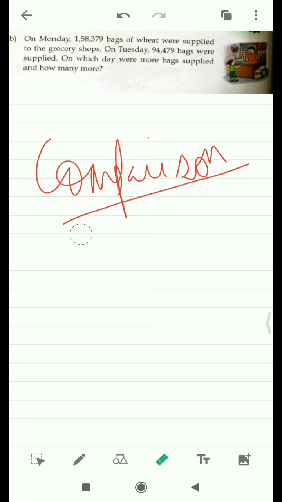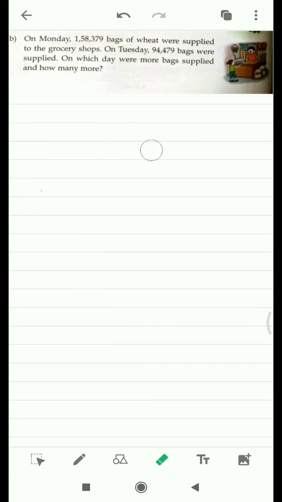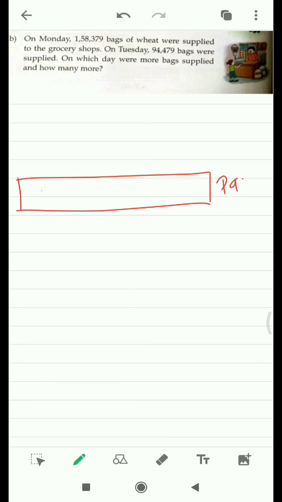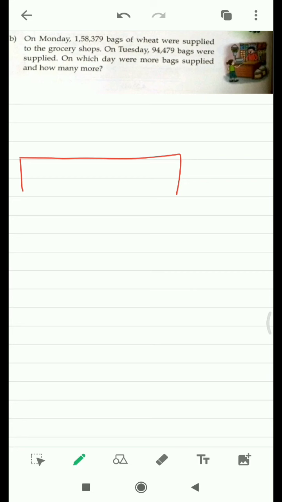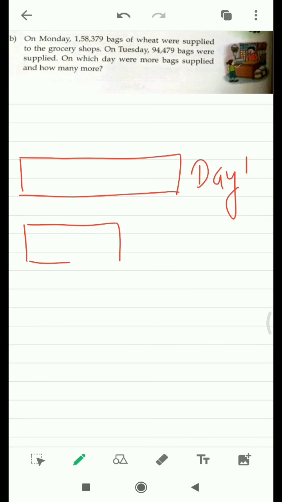If there is a comparison like this, let's say sales on day 1, I simply write it like this, a sales represented by this. On day 2, it is like this.